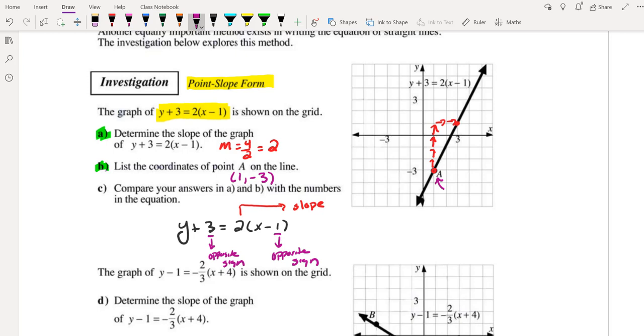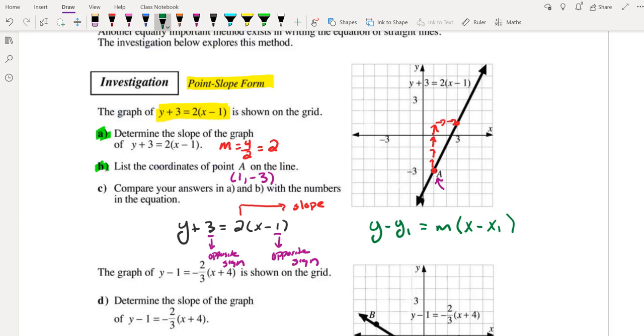By multiplying by -1. So if we had to come up with a general format for the equation of the line, it would look something like this. y minus our y point is equal to our slope multiplying x minus our x point.